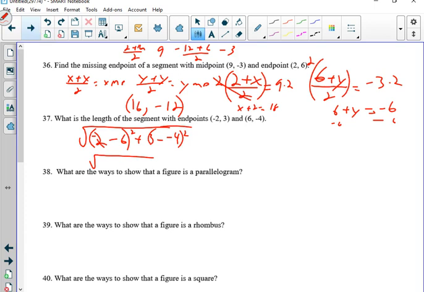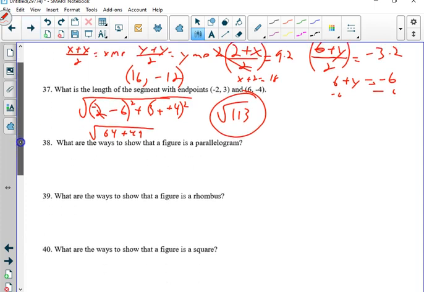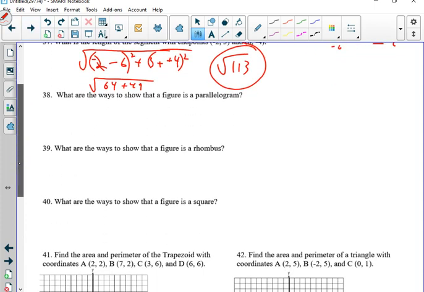Well, that's going to be negative 8 squared, which is 64. Plus 4, which is 7 squared, which is 49. And that's the square root of 113, which does not reduce. Does not simplify. What are the ways to show figures of parallelogram?